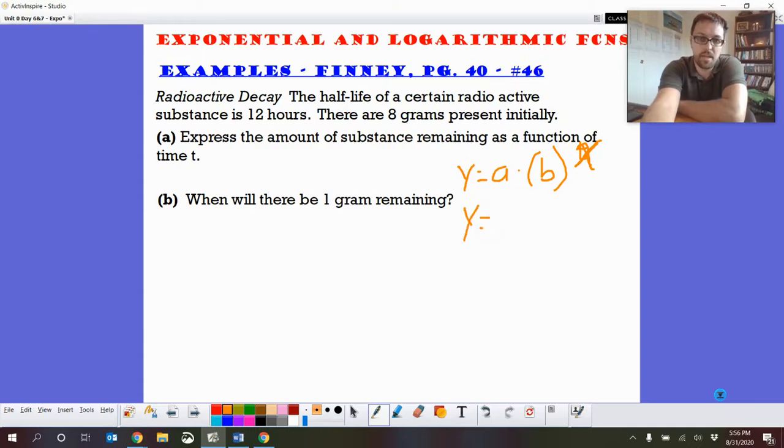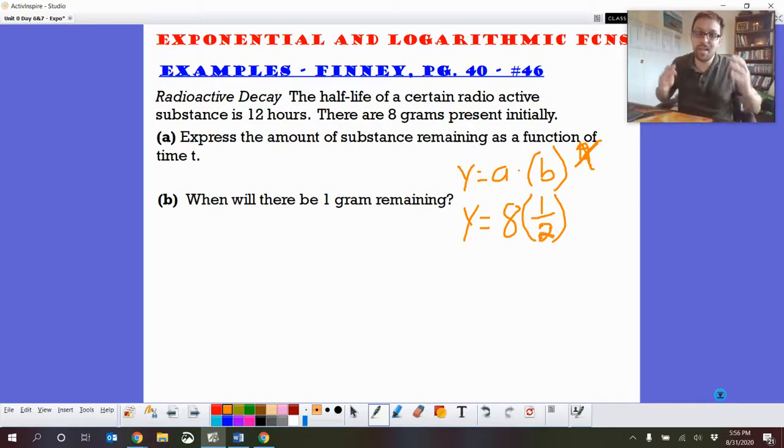So our y equals, there's an initial amount, we got 8. And so what half-life is saying is that every time it completes that period, half of it is gone. So it is decreasing. We need to make sure that this growth rate is smaller than 1, and we're losing half of it each time. So I think it would be reasonable to use 1/2.